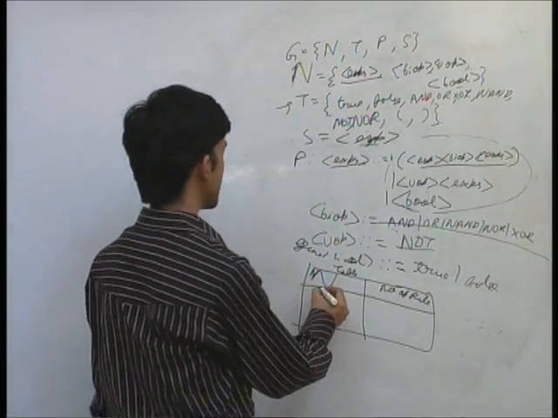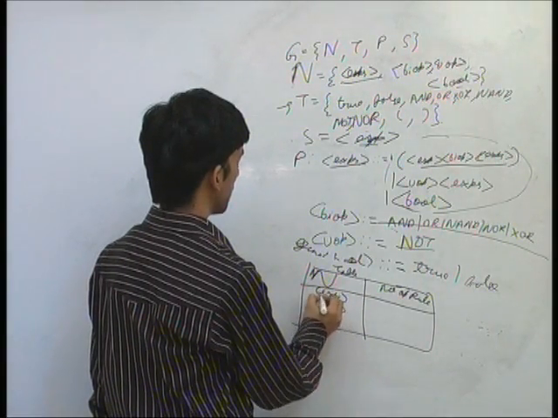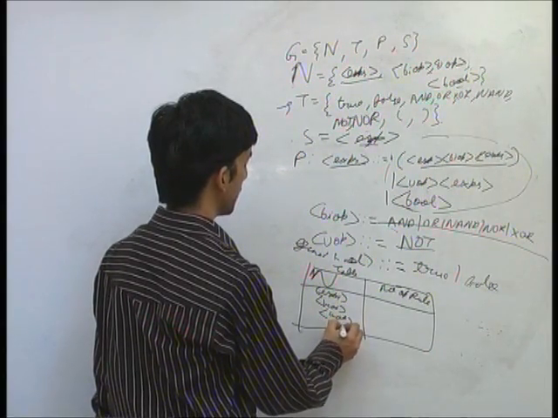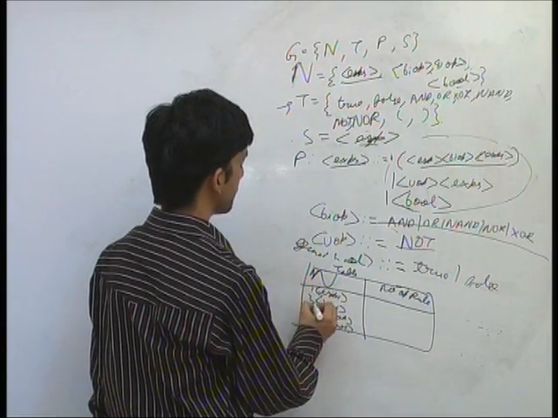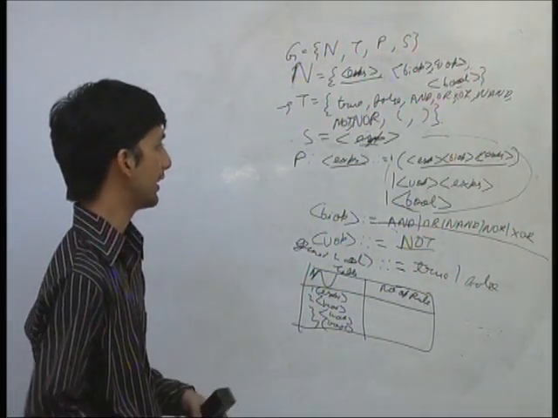My non-terminating symbols are expression, biop, uop, and bool. These are the 1, 2, 3, and 4 non-terminating symbols. I write them down on the left of the table.